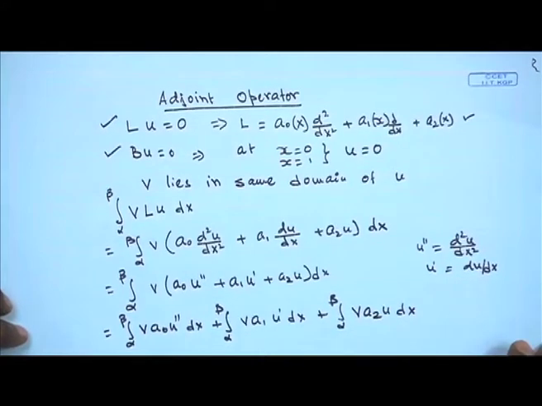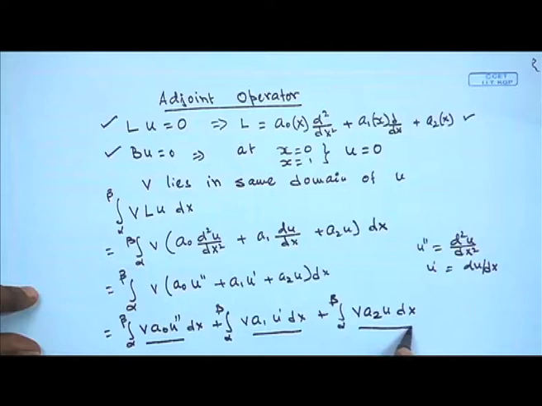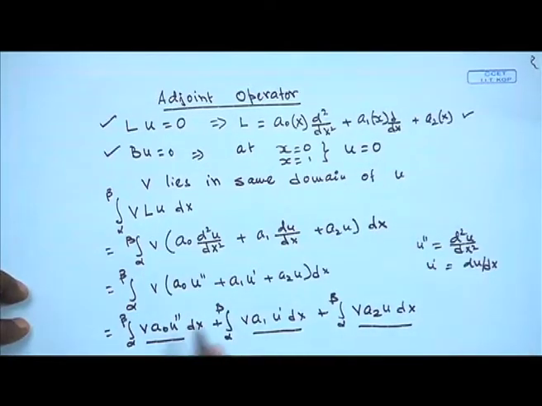Once we write this, each of these integrals will be integrated by parts, considering v a0 as the first function and u double prime as the second function. In the next integral, v a1 is the first function and u prime is the second function. So let us solve this by opening up the integration by parts.